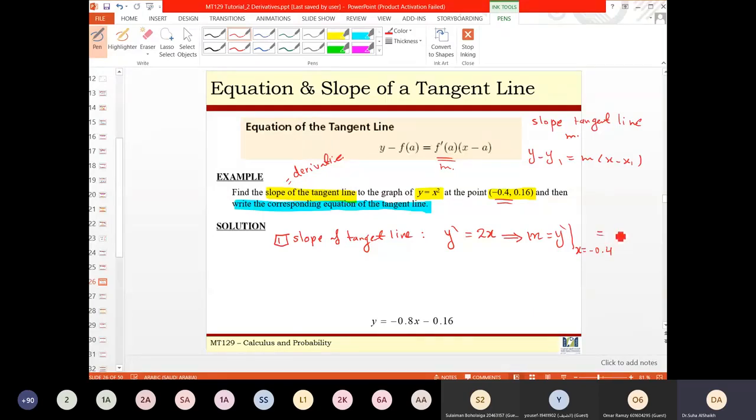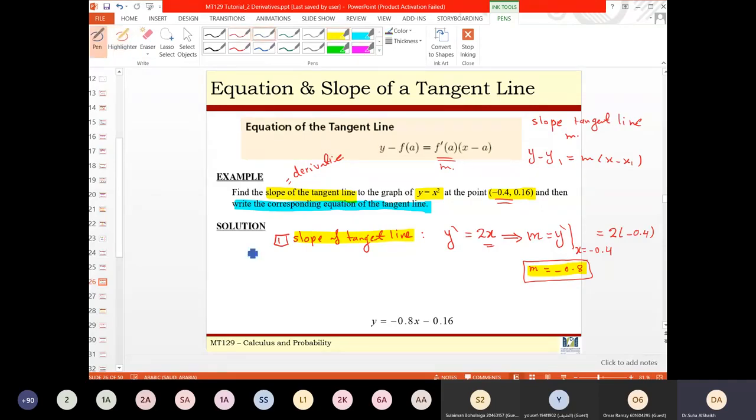So this equals 2 times minus 0.4. So actually my m is minus 0.4 multiplied by 2, which is minus 0.8. And this answers number 1: I got the slope of the tangent line.